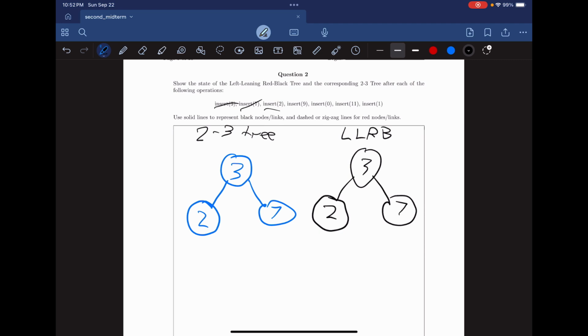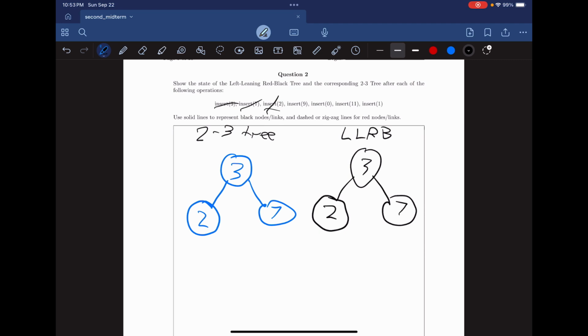That's an important thing to notice: whenever you have just a single 2 node in your 2-3 tree, or a tree made up of 2 nodes, it's going to look like the exact same tree in the left-leaning red-black tree, because a 2 node just represents itself as a single black node in the left-leaning red-black tree.